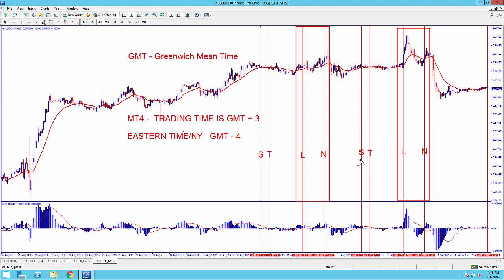Now, looking at Sydney, Tokyo, London, and New York, looking at the Sydney, Tokyo into the London session, we could see those are pretty much dead markets. Even after New York until London session, pretty much dead markets. Traders don't seem to do much within this time.